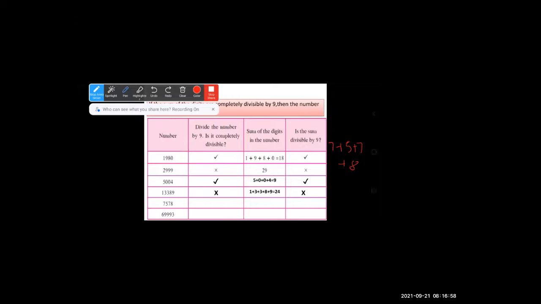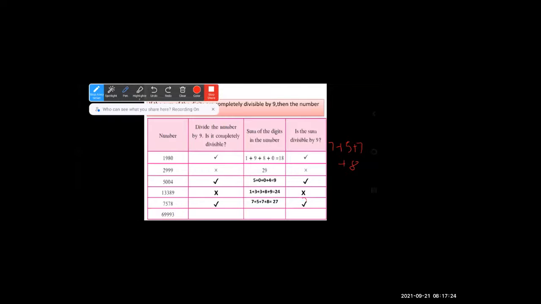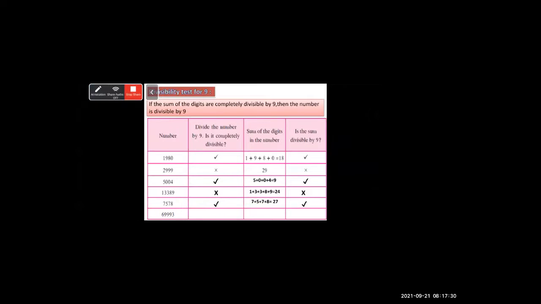It is divisible by 9 because you have checked the sum of all the digits, and we got 27, and we all know that 27 comes in the table of 9. 9 threes are 27. Because the sum of the digits of this number is divisible by 9, that is the reason we say that the whole number is divisible by 9.